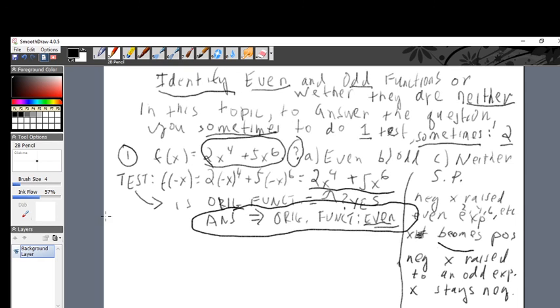Okay, let's go to problem number 2. What if you have g of x equal to 4x cubed minus x? Okay, so test. Let's check if it is even.